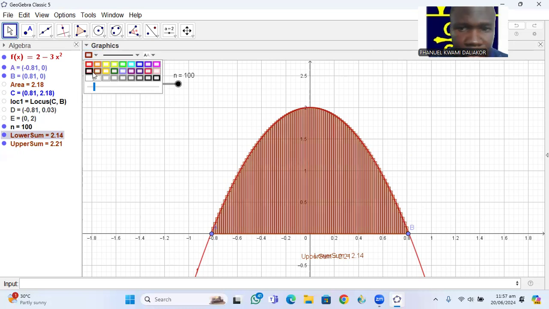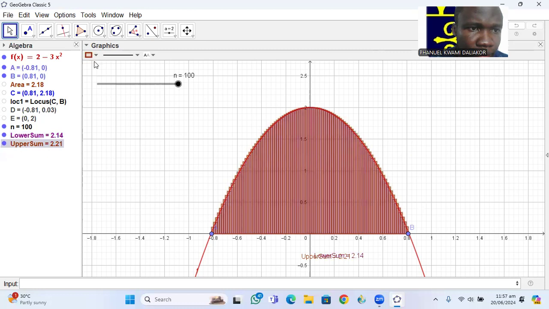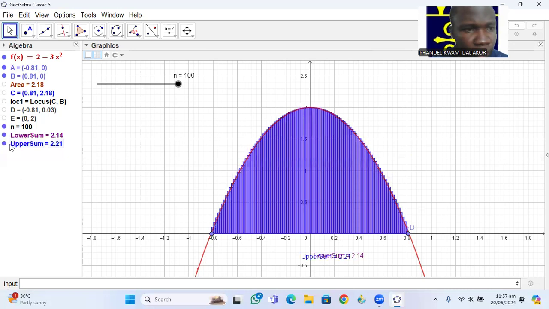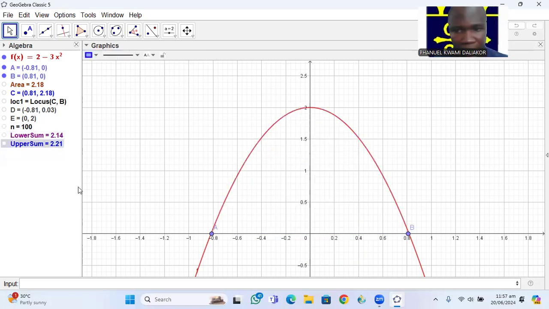Let's use different colors. That's lower. Then upper. And have this. Okay. We all know this color is for this and that color for that.